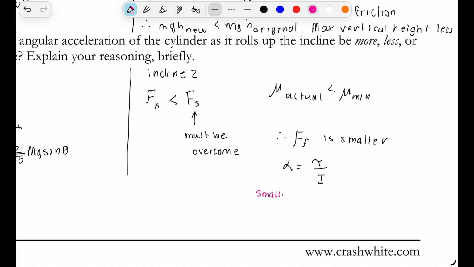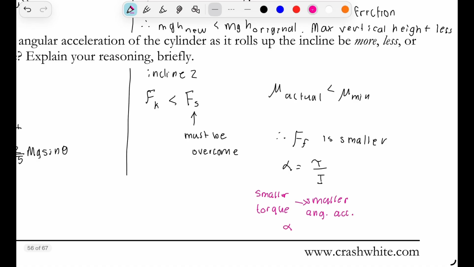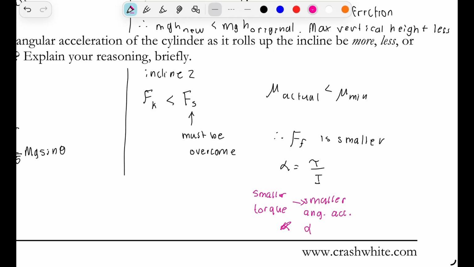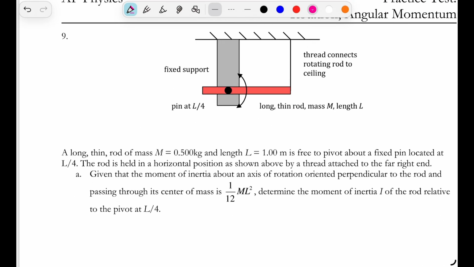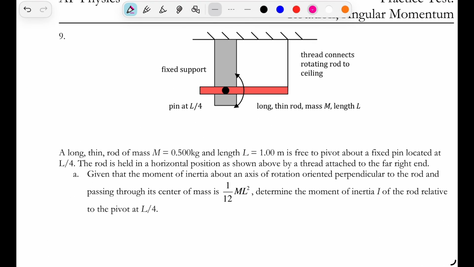We also know this from this relationship here, which shows that if you have a smaller torque, that's going to result in a smaller angular acceleration, because your angular acceleration is directly proportional to torque.